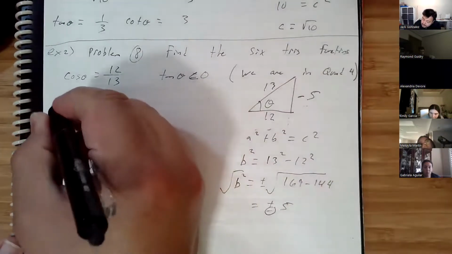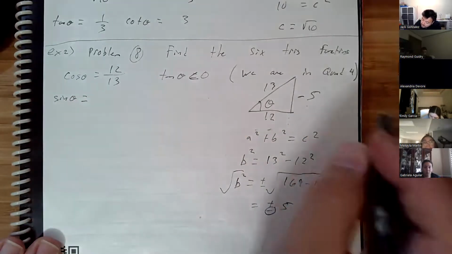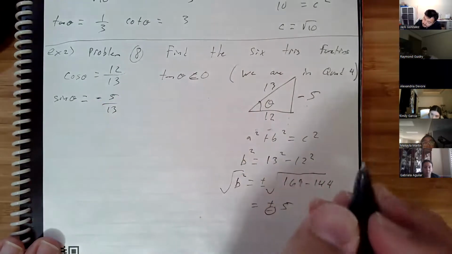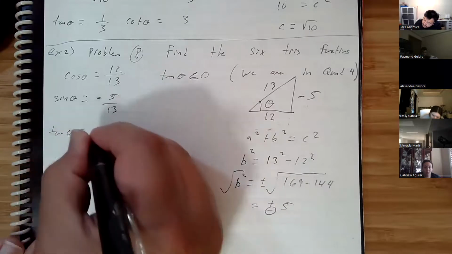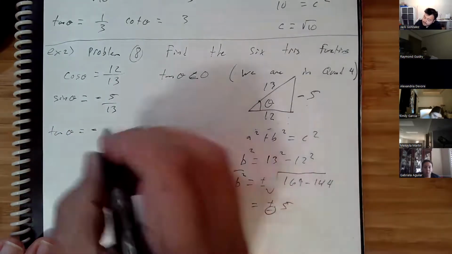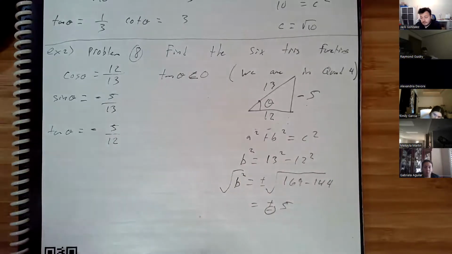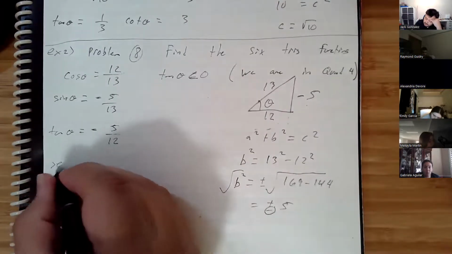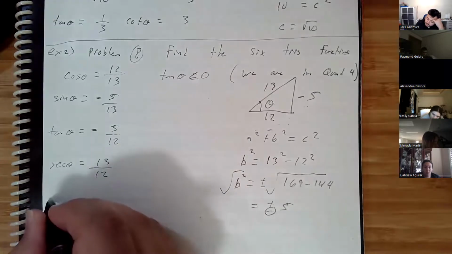So the 6 trig functions will be: sine is negative because y is negative. Tangent, they told us was negative, so negative, opposite over adjacent. And that's because of the minus 5, but also because they told us. Secant, reciprocal of cosine.